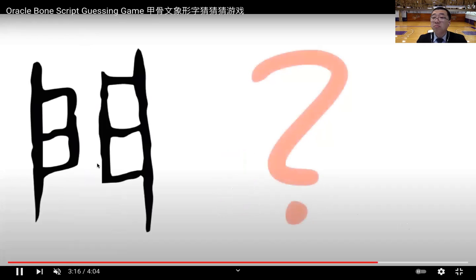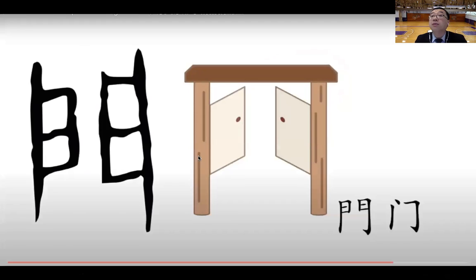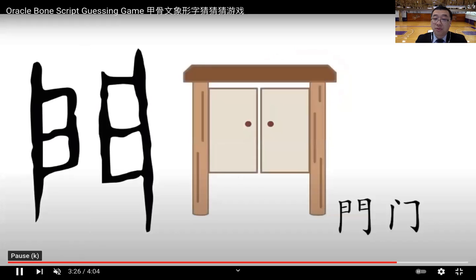Okay. What's that picture? What does that look like? It's the doors. 门. By the way, this is the traditional Chinese and this is the simplified Chinese. We are going to talk more about the details of that later.